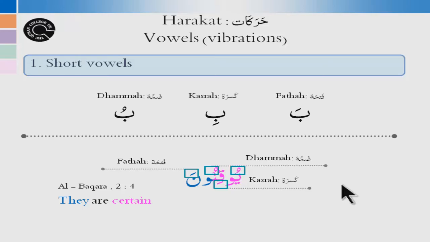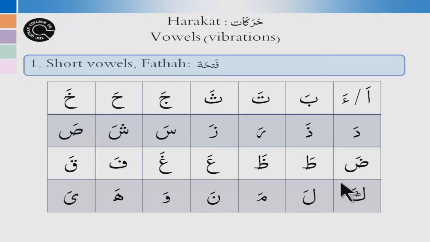Now let's see all those vibrations in action when we apply them on the alphabet table. So now we are able to produce the sound from that alphabet table because we are applying the sounds on it. The first vibration is the fatha. When you apply it, alif with a fatha becomes hamza basically, and their sounds would be exactly the same.